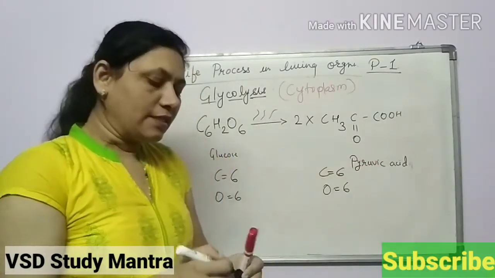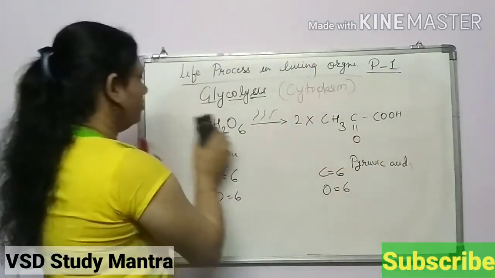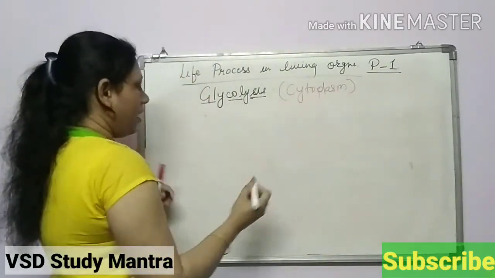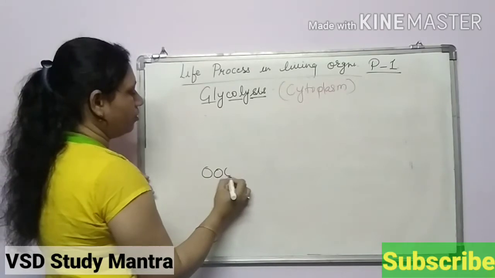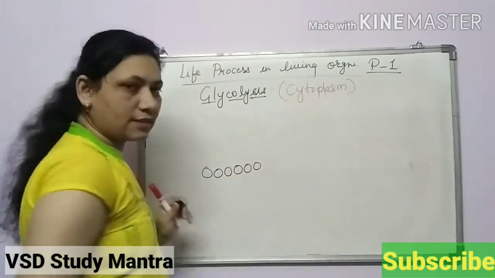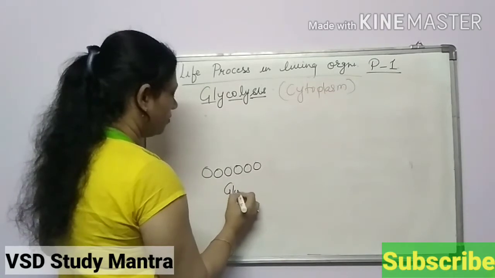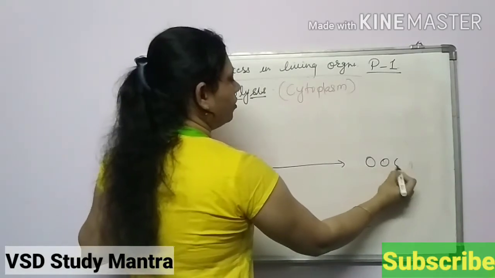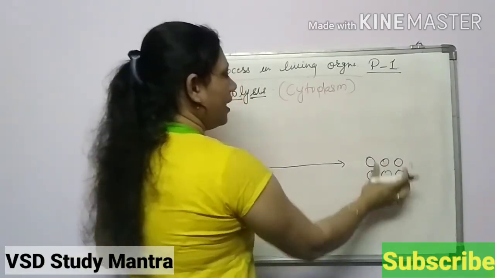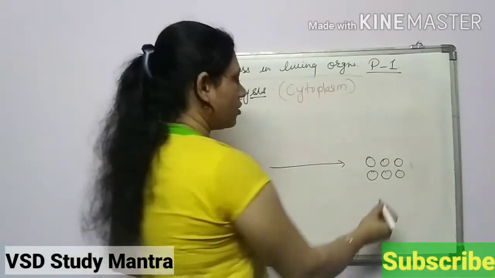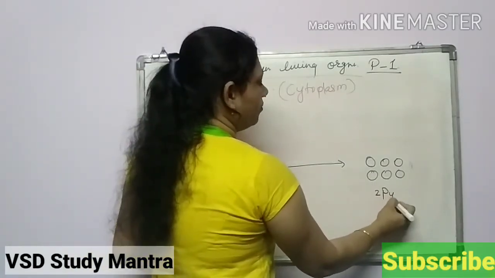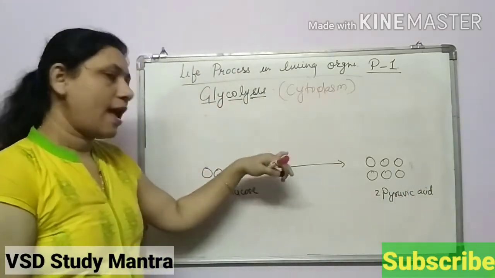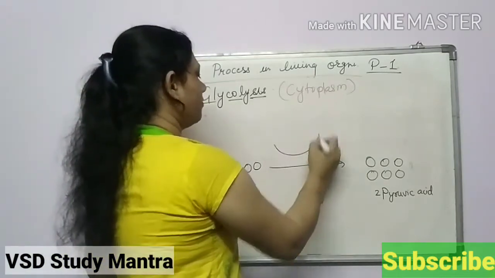So we will see it in the molecular form also. Here 1, 2, 3, 4, 5, 6: 6 carbon atoms of glucose, and here 1, 2, 3, 1, 2, 3. Like this, splitting takes place into 2 pyruvic acid, and energy is released like this.